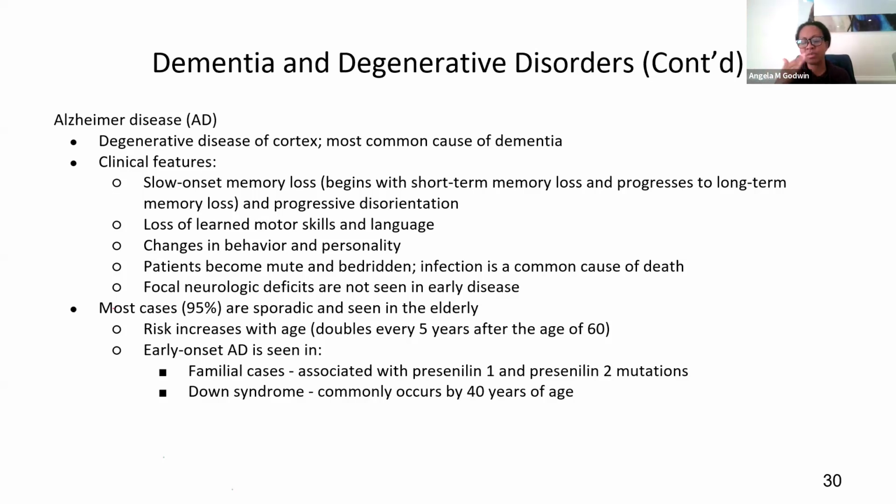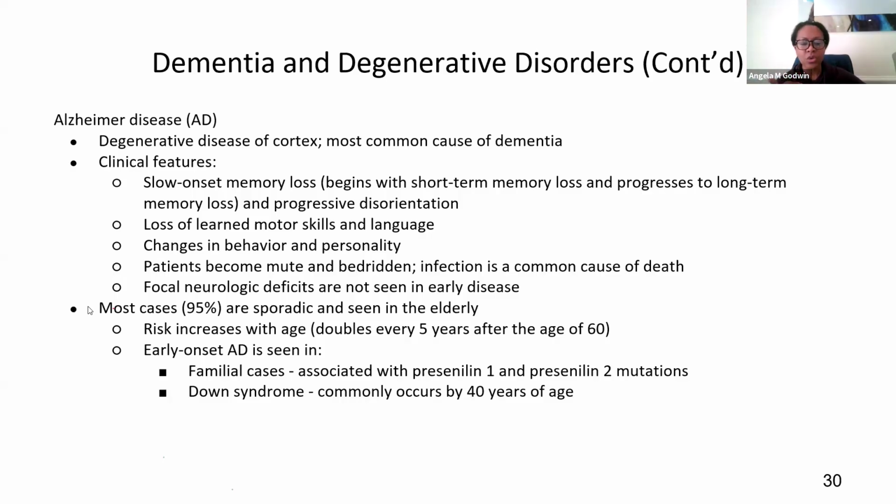As time goes on, there's a progressive disorientation to everything around them, eventually loss of learned motor skills and language, and changes in behavior. I've seen personality changes. Patients can eventually become mute, bedridden, and usually the cause of death, because of being bedridden and the lack of movement, is infection.